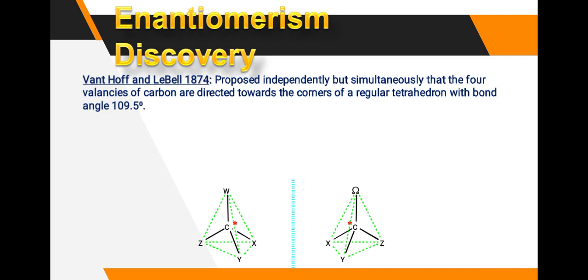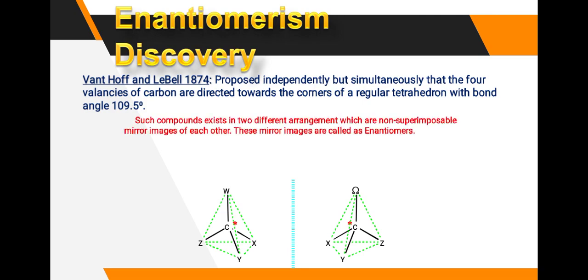Okay, then enantiomerism discovery. Van't Hoff and Le Bel in 1874 proposed independently but simultaneously that the 4 valencies of a carbon are directed towards the corners of a regular tetrahedron with bond angle 109.5 degrees. Here see the tetrahedron is there, the center carbon is there.